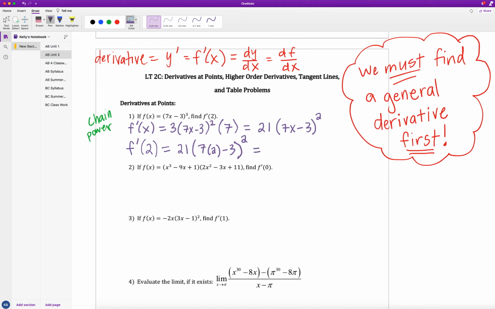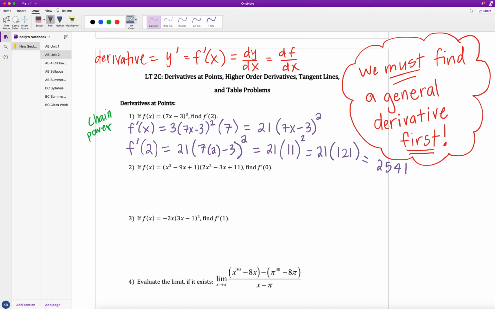So we'll start by simplifying the inside. So I have 21 times, now 7 times 2 will give us 14, then 14 minus 3 will give us 11, so I end up with 21 times 11 squared. Remember, order of operations tells me that I have to do the exponent first before I do the multiplication, so I have to do 11 squared. 11 squared is 121, and then I have 21 times 121, which will give me 2,541.